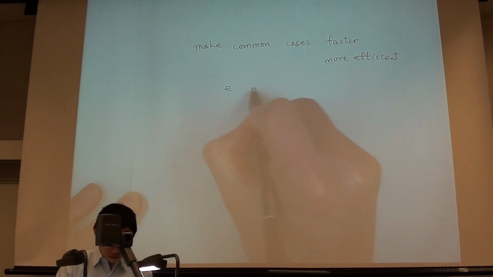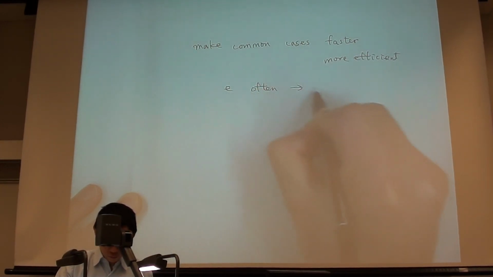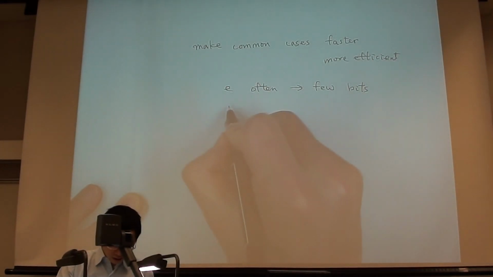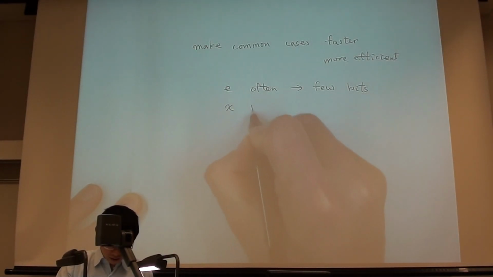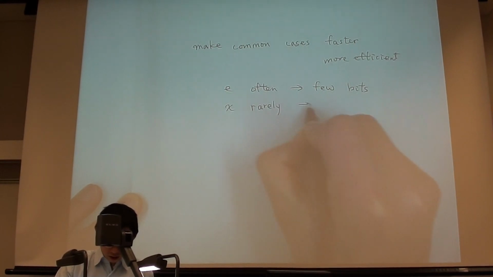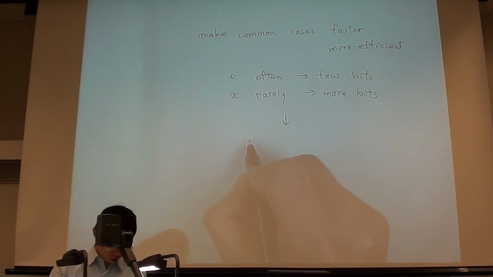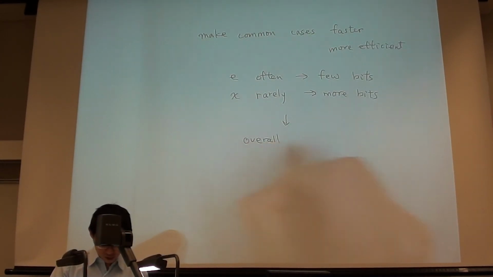E appears often, you want to use few bits. X appears rarely, you can afford to use more bits because it doesn't show up often. And together you use overall fewer bits.